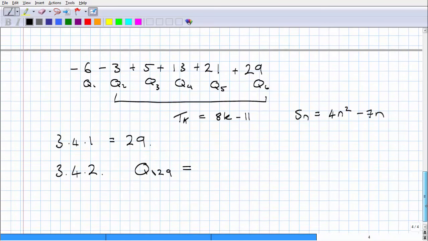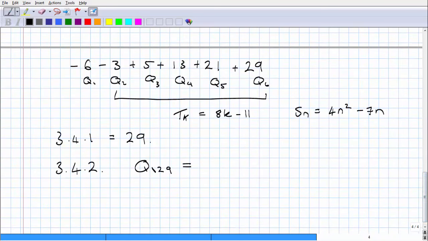And we know that this is exactly the same thing, but with one extra term at the front. So 129 terms of Q is going to equal 128 terms of Sn. So that's equal to S128 minus 6, because we have to add this minus 6 which is in the front.